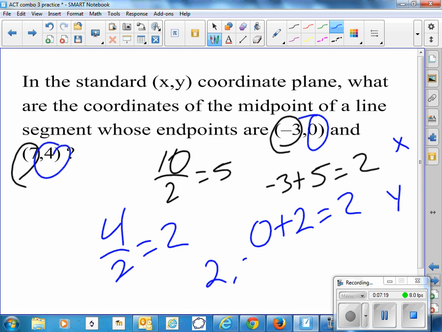So 2, 2 would be the coordinates of the midpoint of a line segment whose endpoints are -3, 0 and 7, 4. You could plot those endpoints and see if 2, 2 is halfway in between, or looks like it's halfway in between.